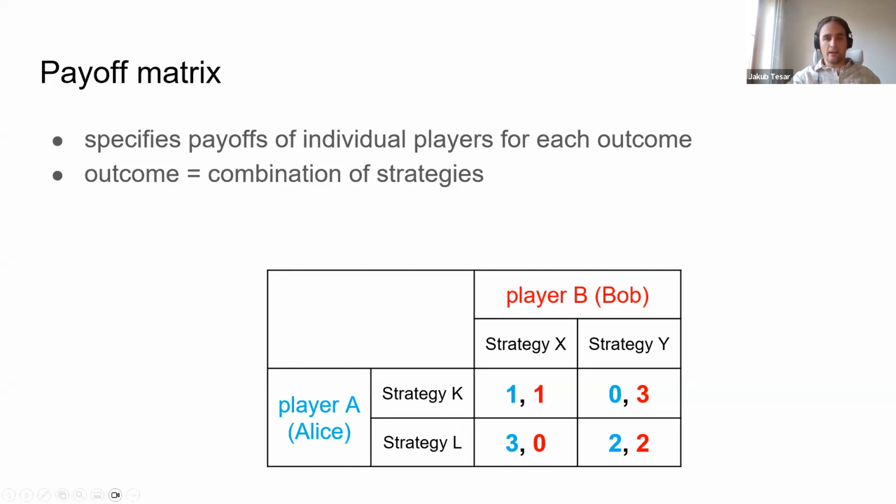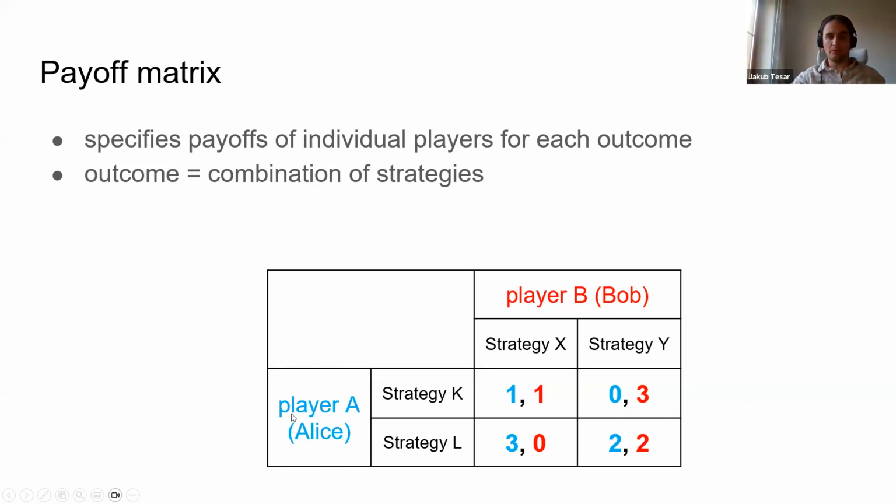So player A, Alice, has strategy K or L, and Bob has strategies X or Y. And based on their combination of those strategies, we have a specific outcome which the players get from this situation.